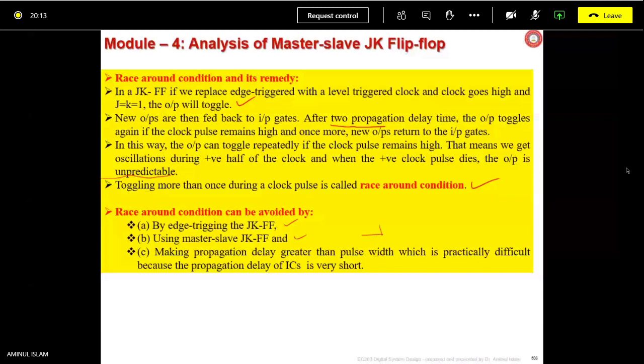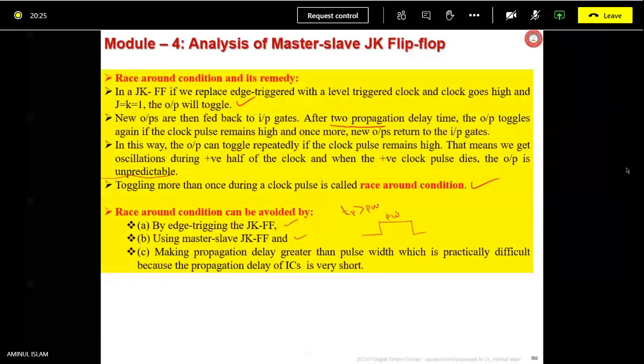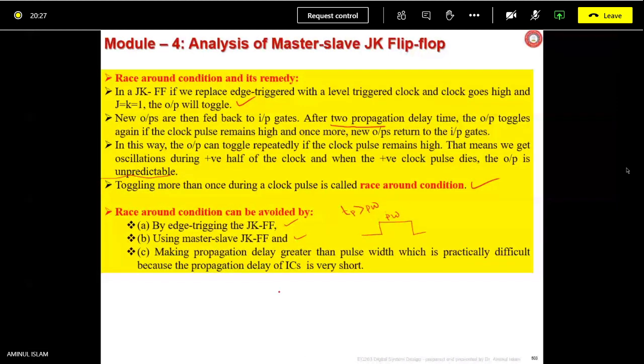If this is the clock pulse width, then 2 TP should be greater than the pulse width, since every gate offers a delay, and then it may not happen. Is it understood how to prevent the race around condition?